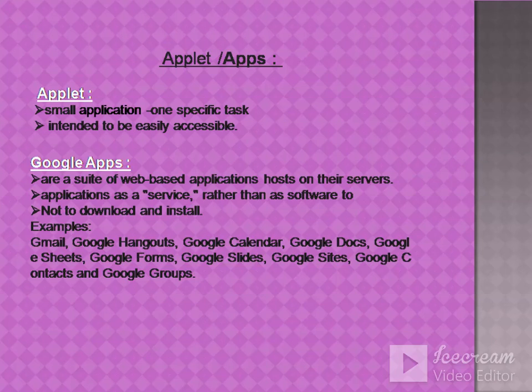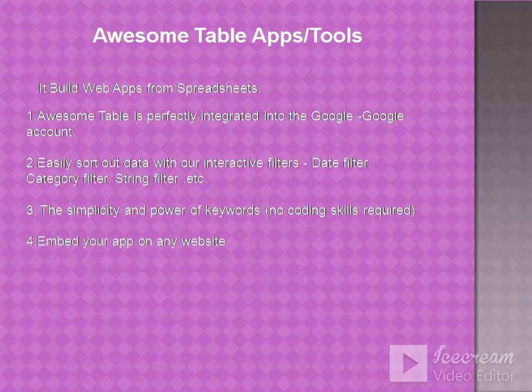Google provides this application as a service rather than software to purchase and install. There are a number of examples like Gmail, Google Hangouts, Google Calendar, Google Docs, Google Sheets, Google Forms, Google Slides, Google Sites, Google Contacts and Groups.